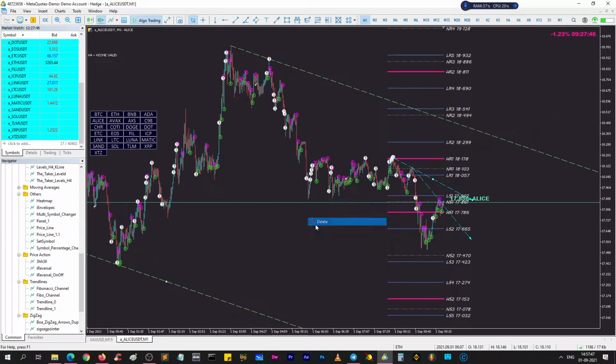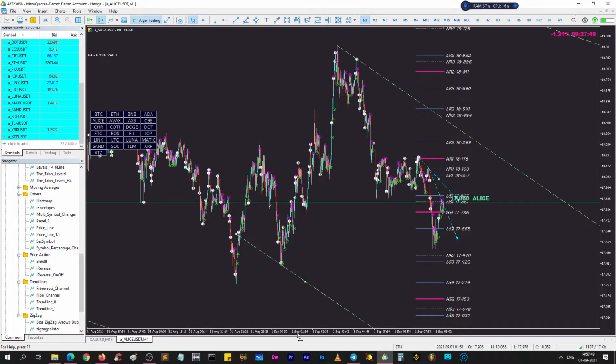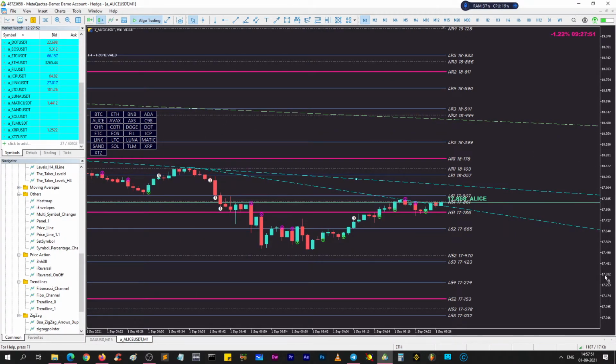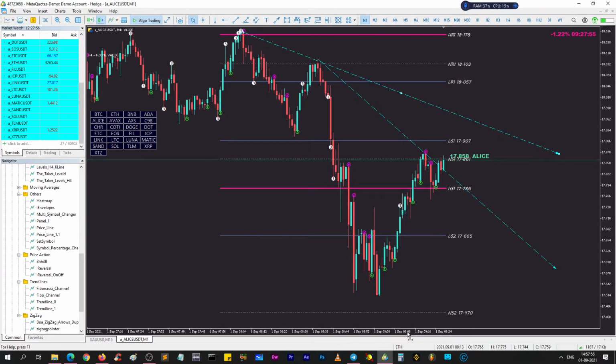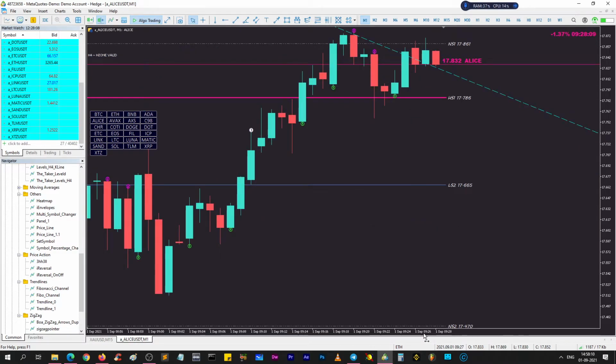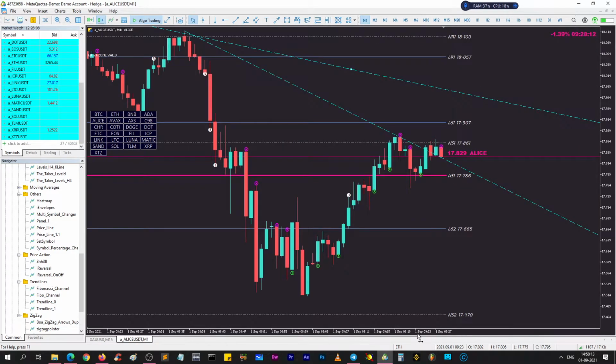So these things are very helpful sometimes. And at the moment, what's going on here, we have the information that this is a level where price is consolidating, and we cannot buy or sell here.